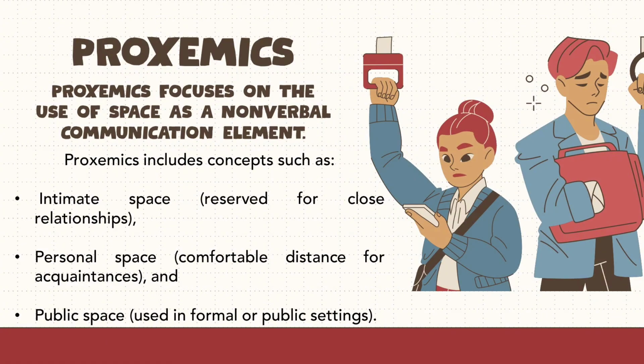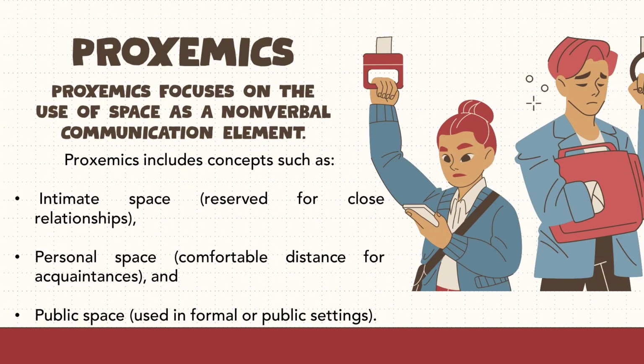Proxemics examines how people use and interpret personal space, territorial boundaries, and physical distance in different social contexts. For example, when we are content with and attracted to someone, we say that we are close to him or her. While when we lose connection with someone, we may say that he or she is distant.